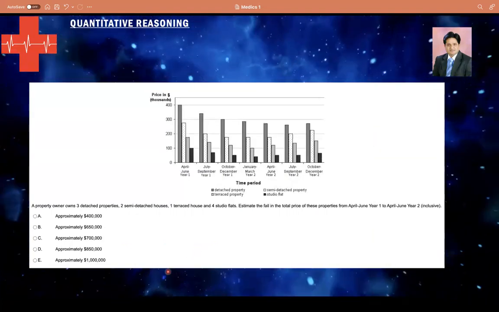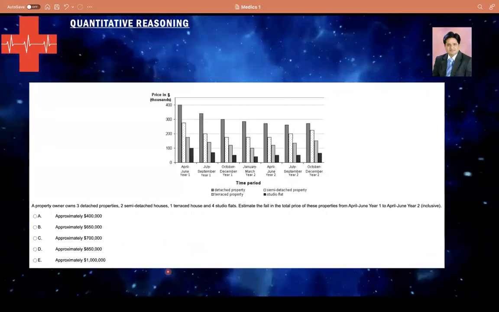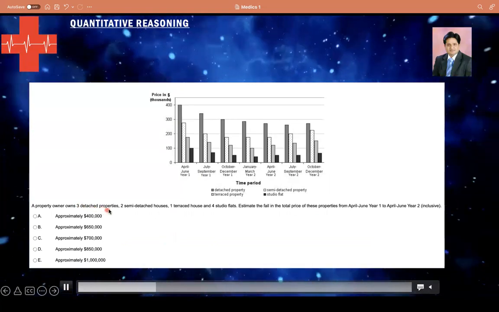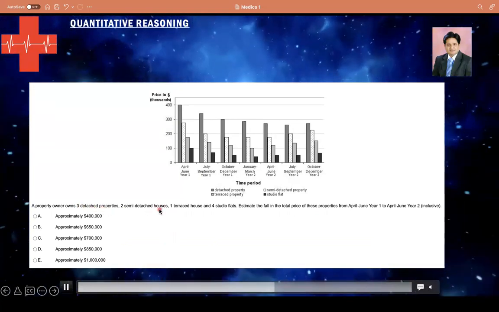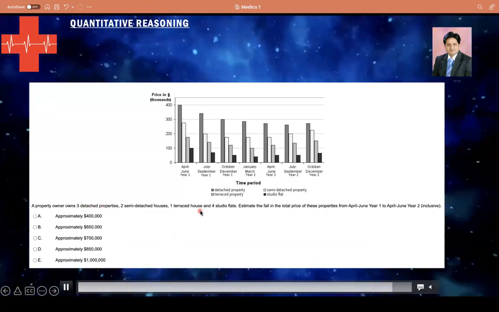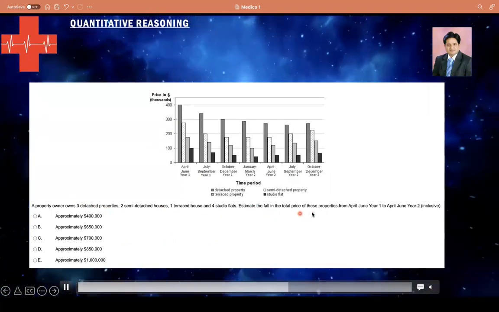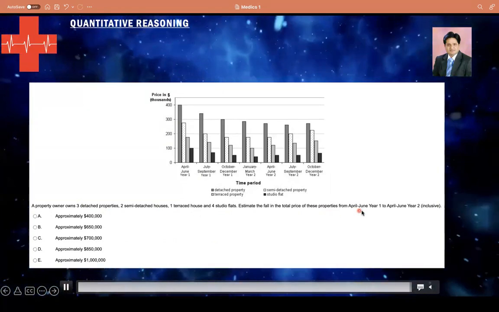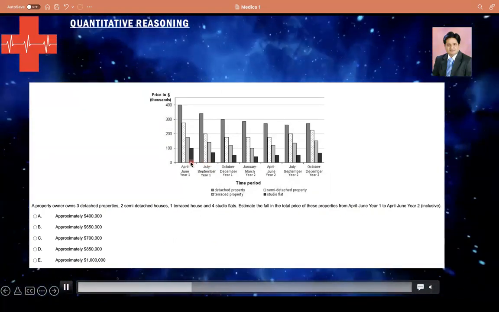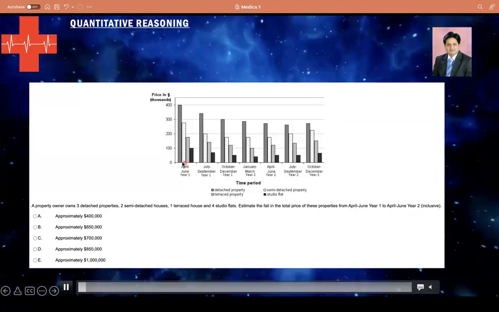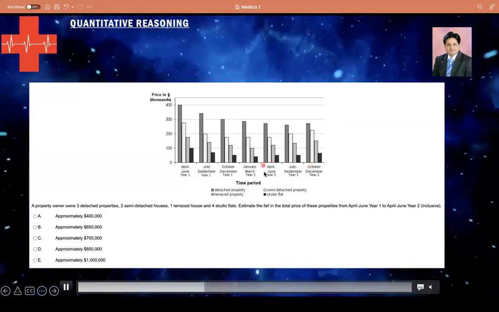All right, here comes your next question. A property owner owns 3 detached properties, 2 semi-detached properties, 1 terraced house, and 4 studio flats. Estimate the fall in the total price of these properties from April to June year one to April to June year two.